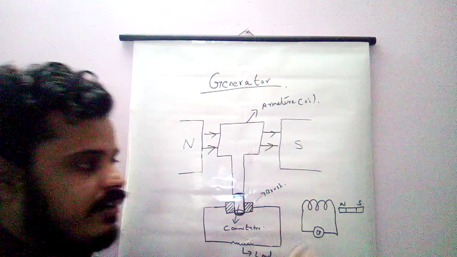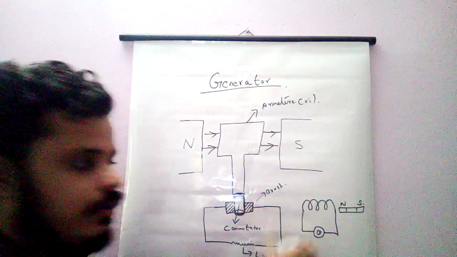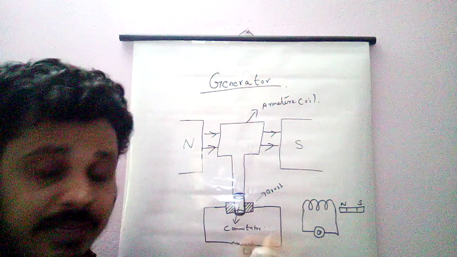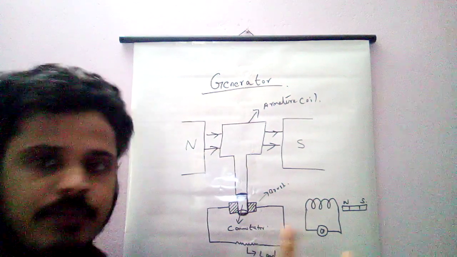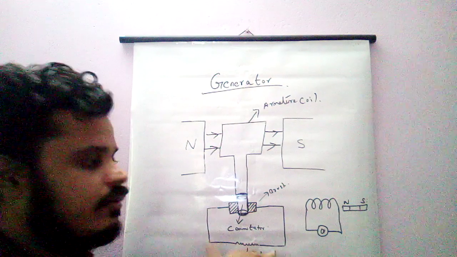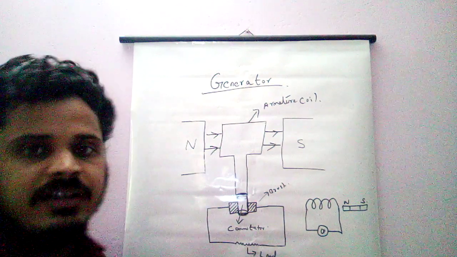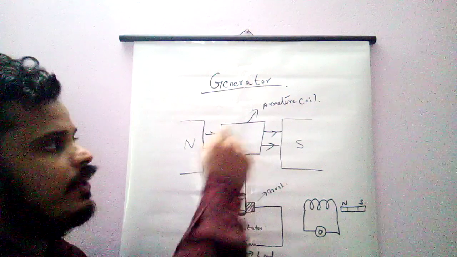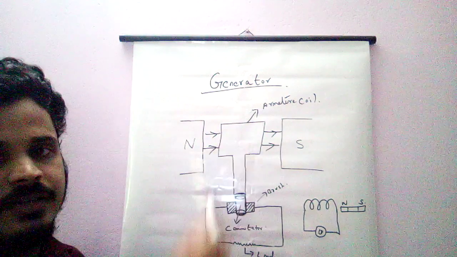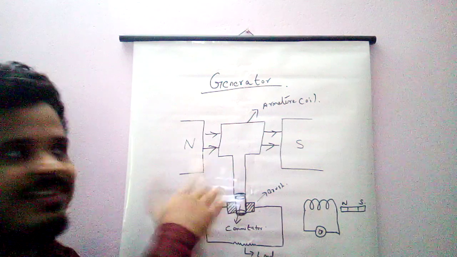In electromagnetic induction we have already learned that a change in the magnetic field linked to the coil will create a potential difference and thereby create the current. Here also the same thing happens. When the armature coil is rotated, naturally there is a change in the magnetic field.